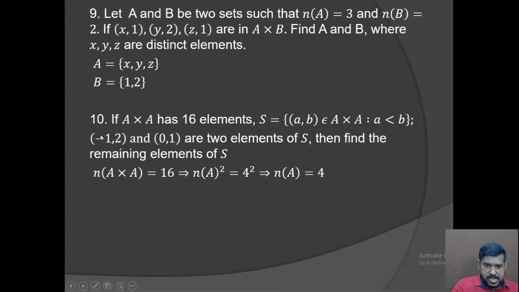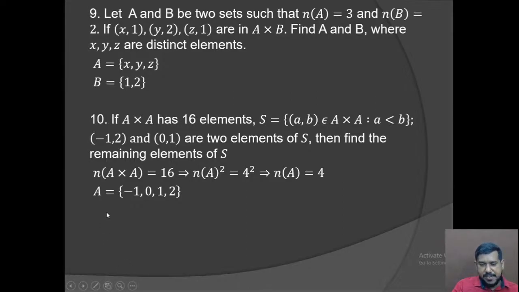Now the first element comes from A, the second element also comes from A. Here also the first element comes from A, the second element also comes from A. All the four elements are distinct, it means different. So these are the four elements that set A contains. So the number of elements in set A is 4, and the elements in set A are -1, 0, 1 and 2.